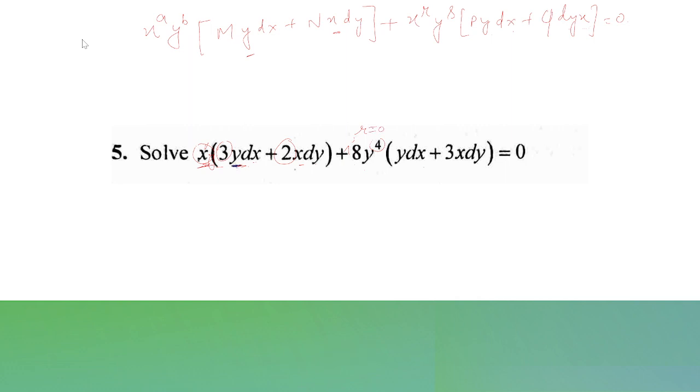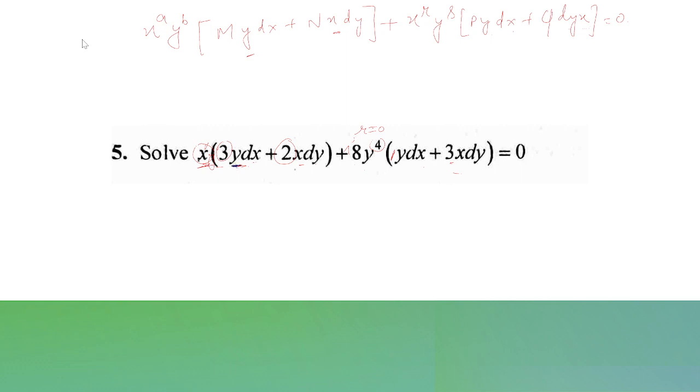Here p is 1 and q is 3. So comparing with the previous section, we find out these are the values.